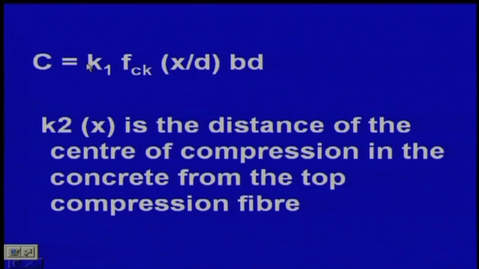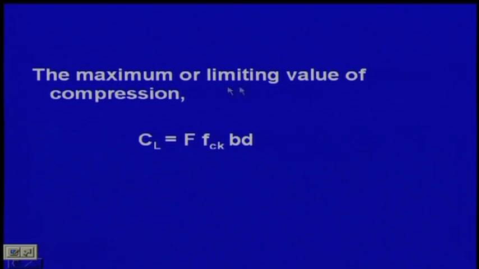So, one parameter is K1, the other parameter is K2, and the third one, the maximum or limiting value of compression, F times FCK BD.